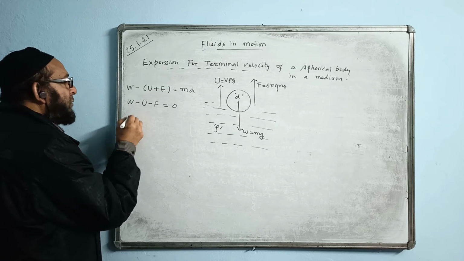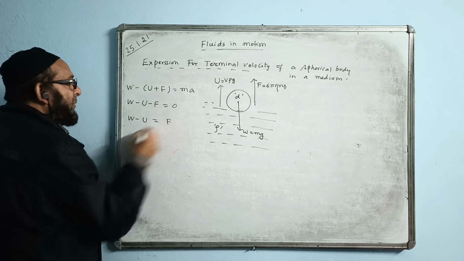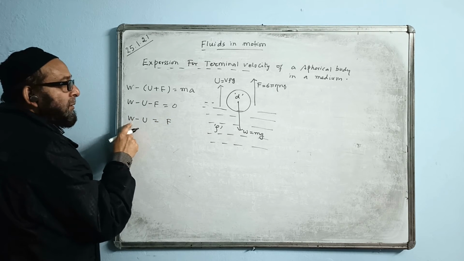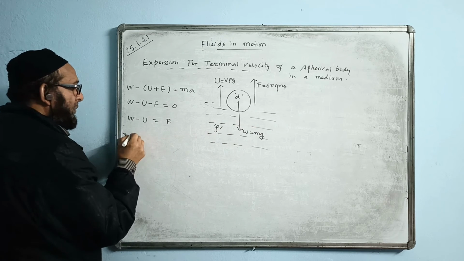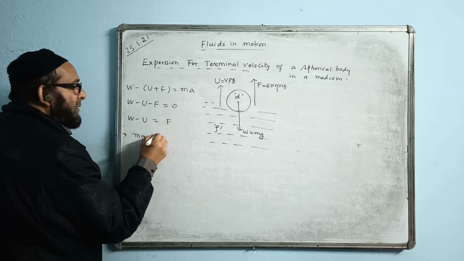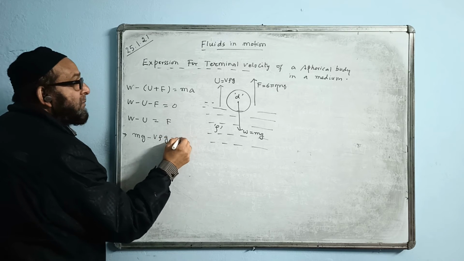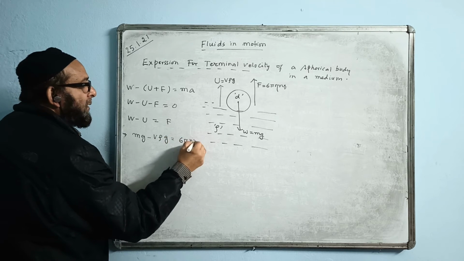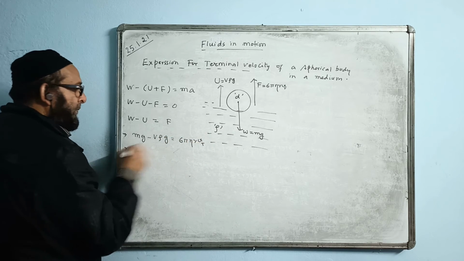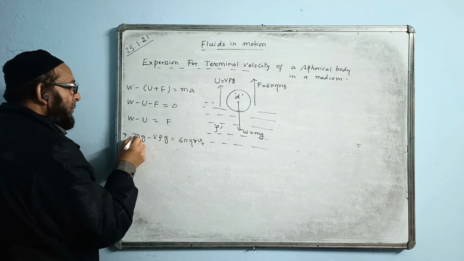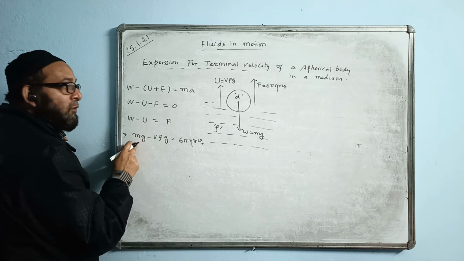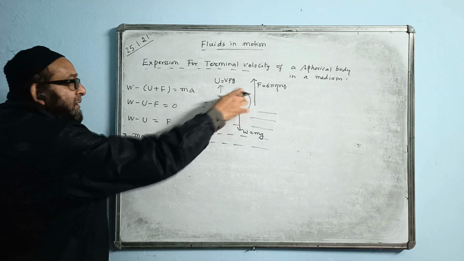So W minus U, keeping on one side, is equal to F. Put the value of W: mg minus Vρg equals 6πηr vt. Now mass, again we change: mass equals volume into density, the volume of this drop into the density of this drop.